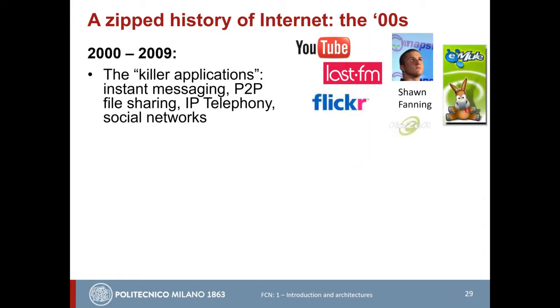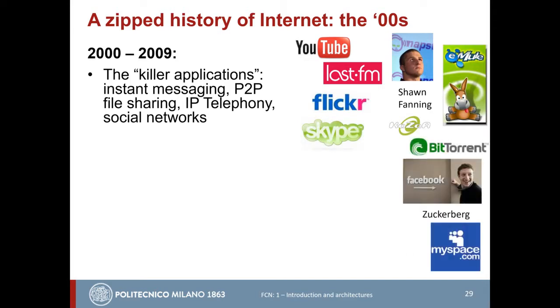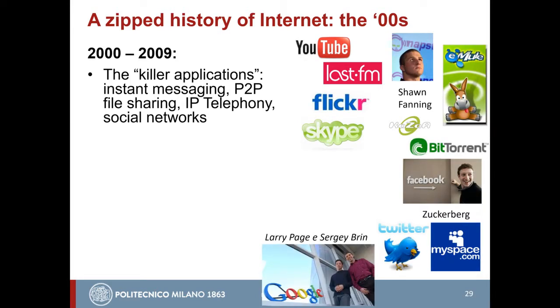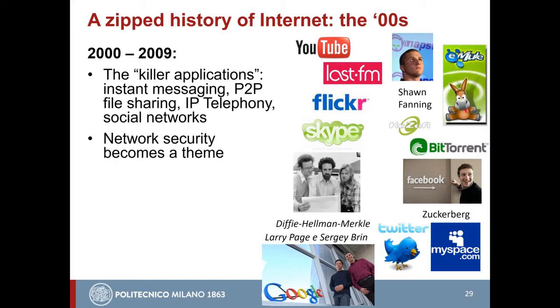So we are coming close to our days, and in the first years of 2000, we have all the killer applications that you know: instant messaging, peer-to-peer file sharing, telephony, social network.